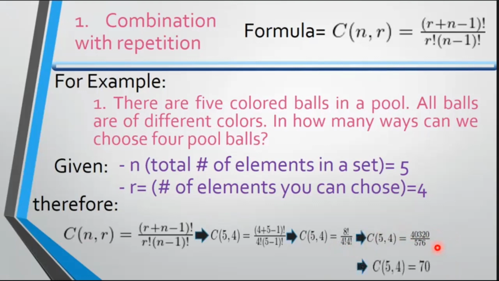Then let's divide 40,320 by 576. So the answer is 70. So there are 70 ways we can choose 4 balls among the 5 colored balls in a pool. So hence, the pool balls can be selected in 70 different ways.